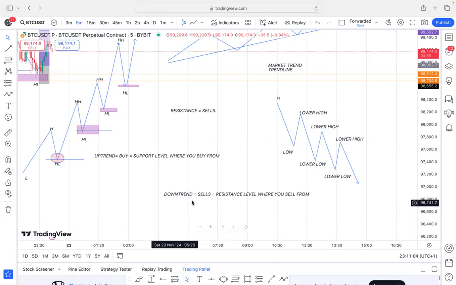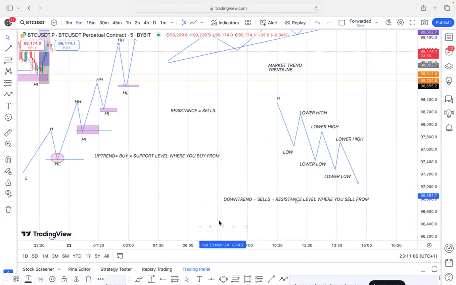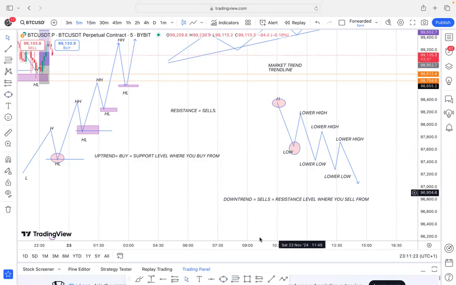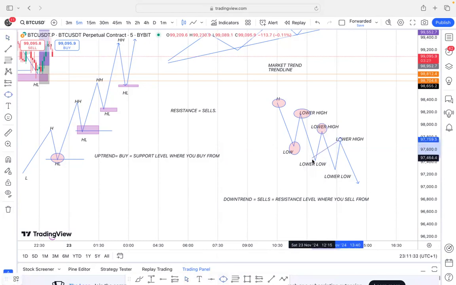So now, as I've illustrated, resistance is where you sell from. This illustration of a downtrend consists of a high, a low, a lower high, another lower high, and a lower low.